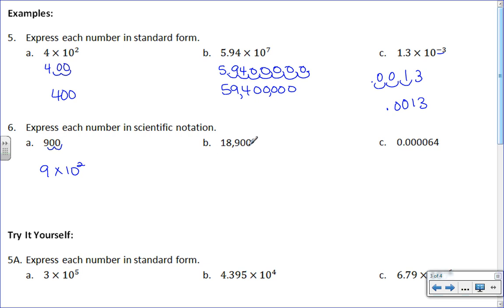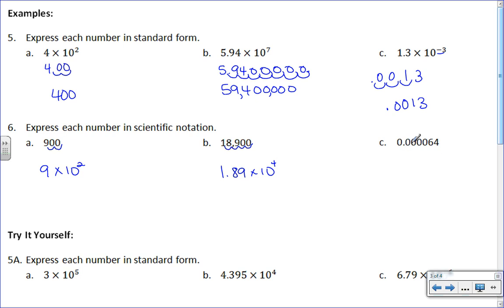For 18,900, the decimal starts at the end, and we move 1, 2, 3, 4 times, because 1.89 would be between 1 and 10. So 1.89 times 10 to the, we move 1, 2, 3, 4 times, and this is a large number, so this should be a positive exponent, 10 to the 4th.